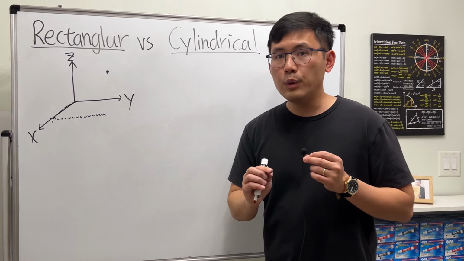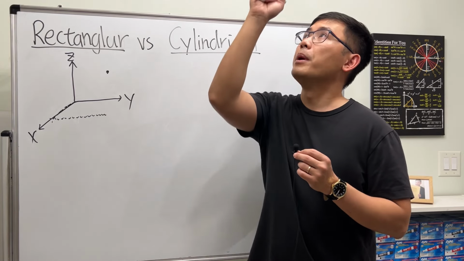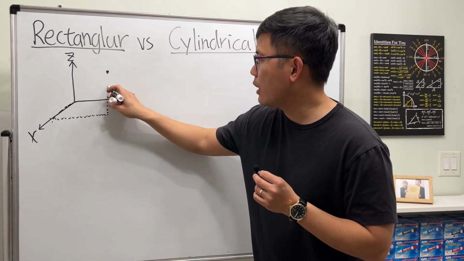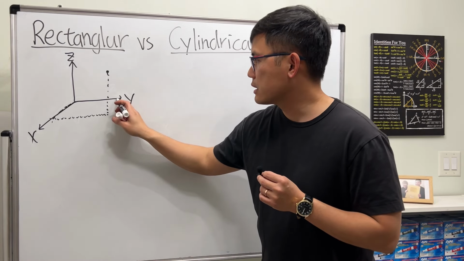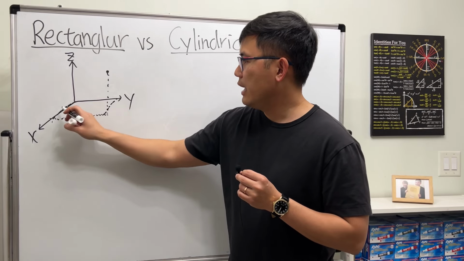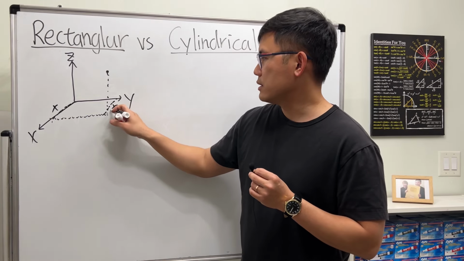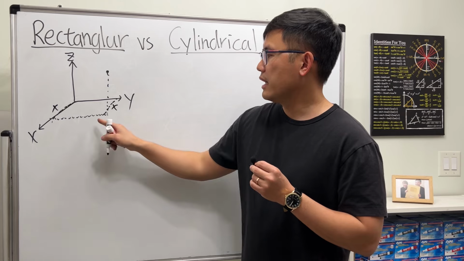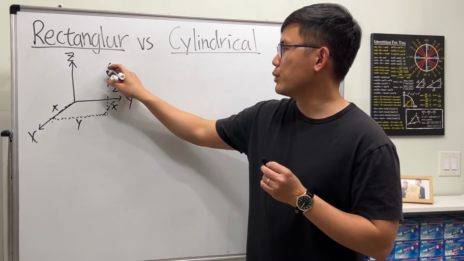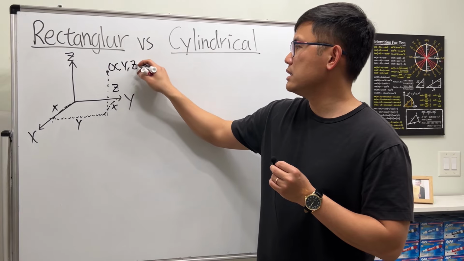And then we have to make sure that we can see the point above us, or maybe sometimes below us. And then we just go up. So it's just like that. So we have the x direction, this right here is the y, and then vertically we have z, so we have x, y, z.